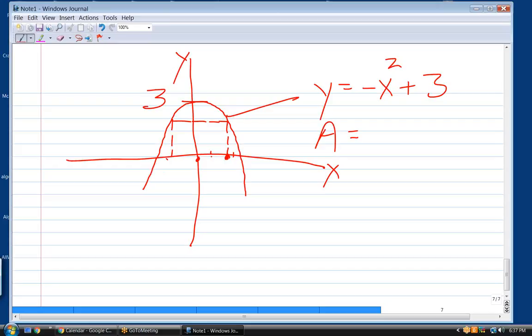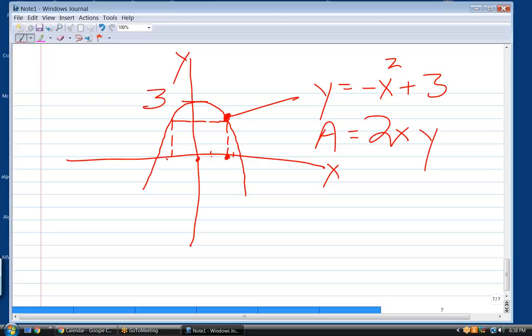In other words, that's that point right there, right? Yeah. Coordinates on that point are x, comma, y. So what's the base of my rectangle equal to in terms of x? 2x. Yeah. What's the height of my rectangle in terms of x and y? Y. Correct.